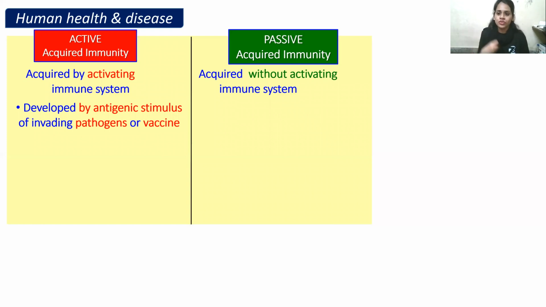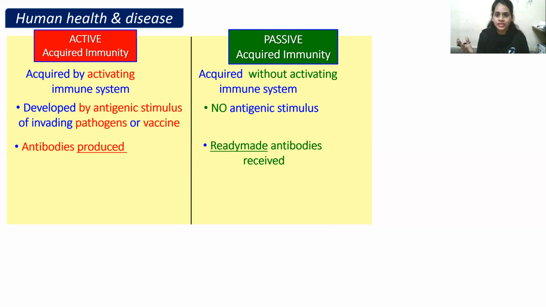The pathogen goes inside naturally or in the form of vaccination. And in passive immunity, there is no antigenic stimulus. In active immunity, the pathogen has gone inside and the body produces antibodies. In passive immunity, as the pathogen has not gone inside, the body is going to have ready-made antibodies.